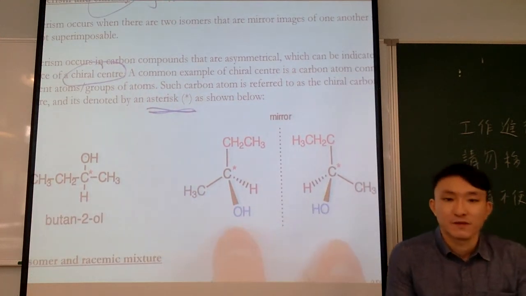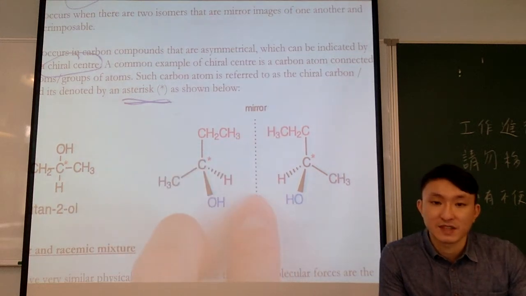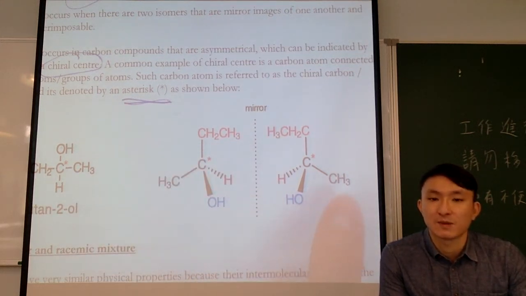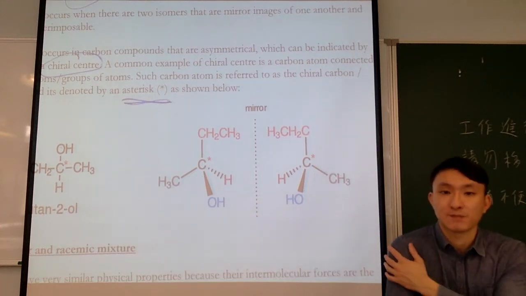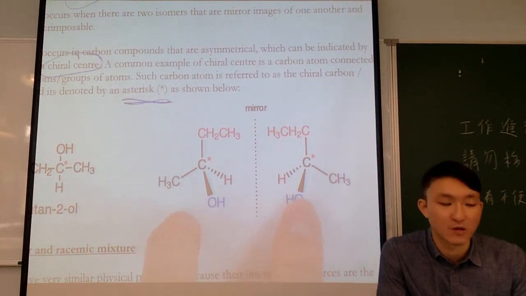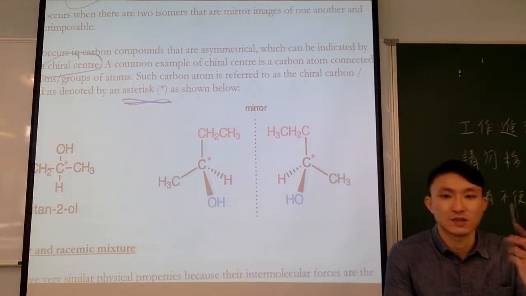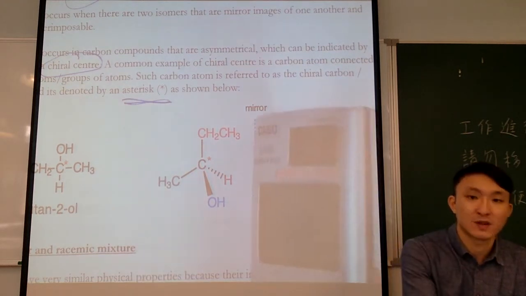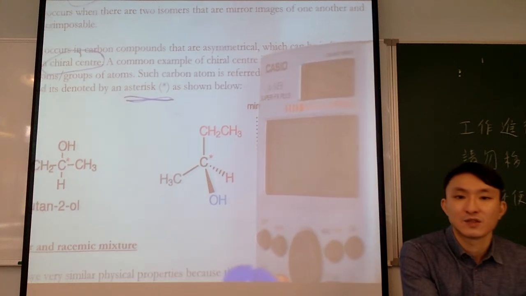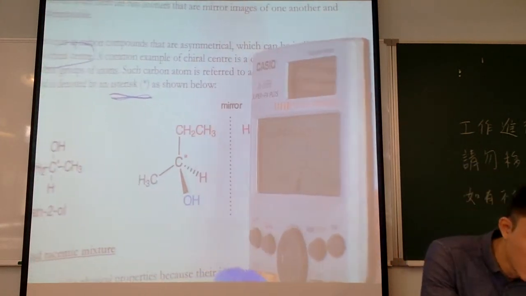Now, for mirror image, you need to know how to draw the mirror image. Use a dotted line to represent the mirror, and you just draw the corresponding mirror image. Try to practice how to draw this one, because sometimes the past paper may ask you to draw both images. Now, a tricky way of doing this is to actually use a mirror. When you draw the first original image and put the mirror here, you will see the mirror image.